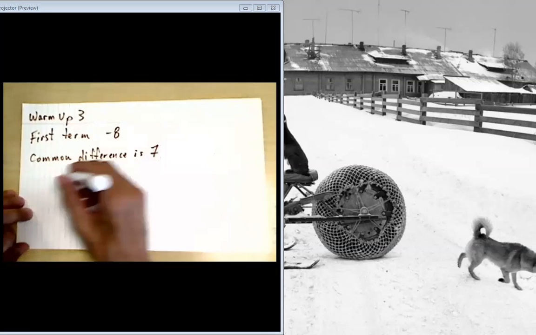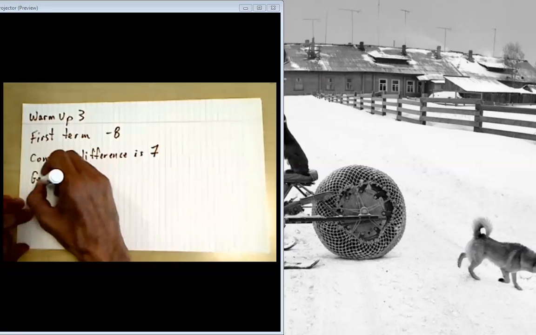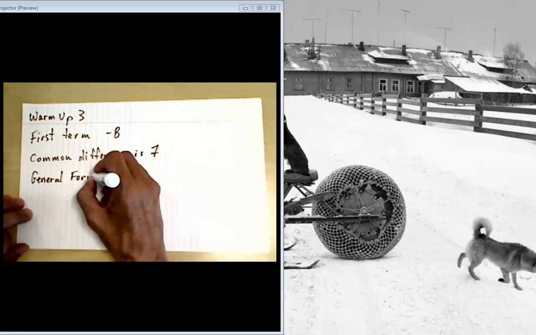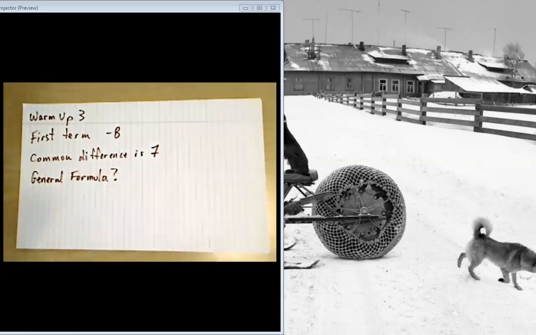So what is the general formula for this? A n equals A 1. The general formula.